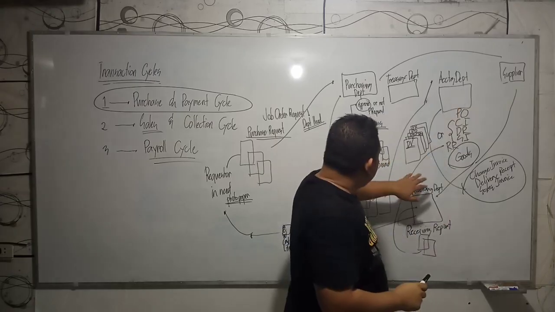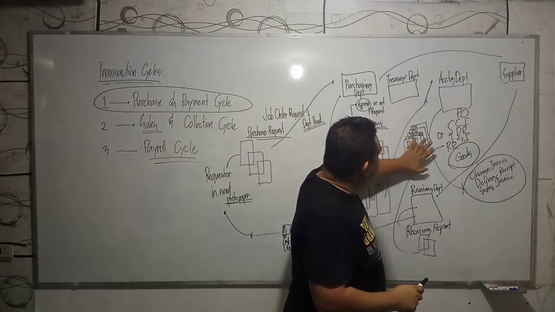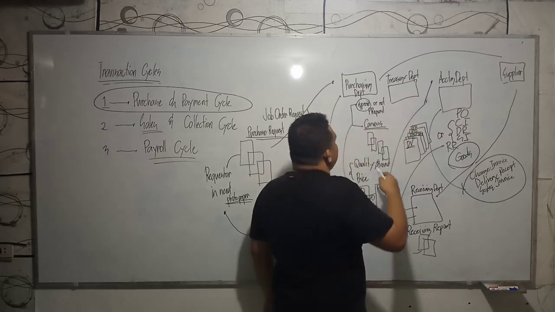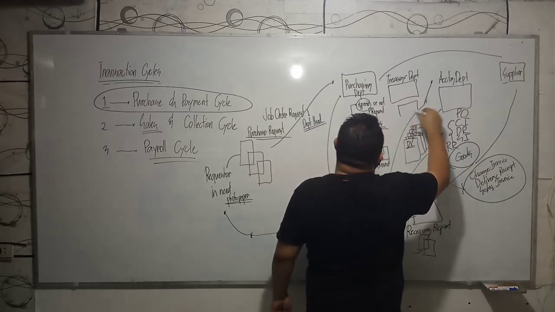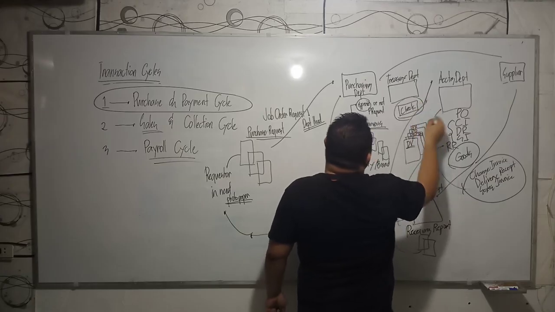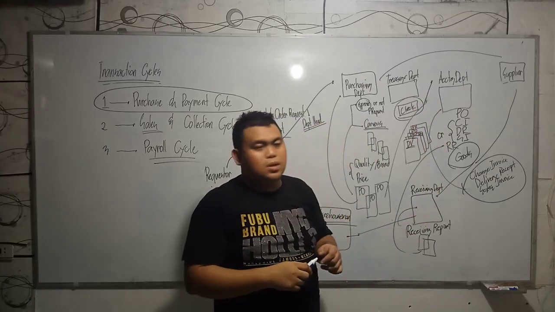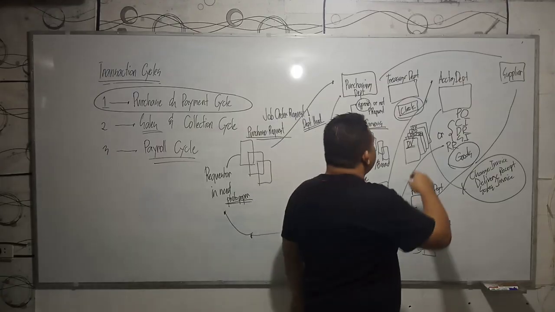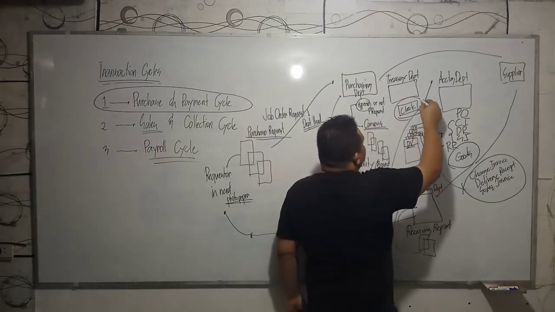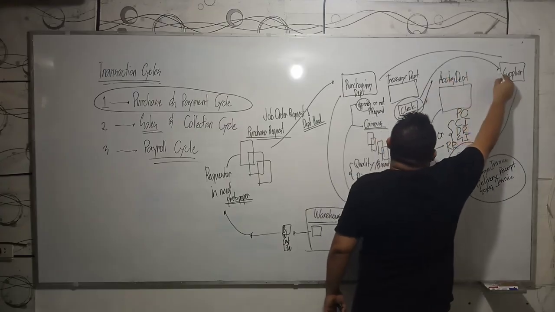Okay, so if this set has been approved already, it will go to the treasury department, and the treasury department will print a check. A check. So there will be a duplicate copy of that check that will be attached here, and the original check will be submitted to the supplier.